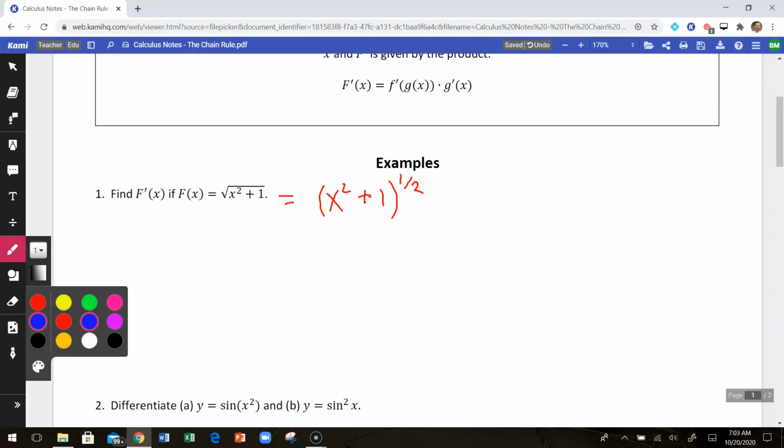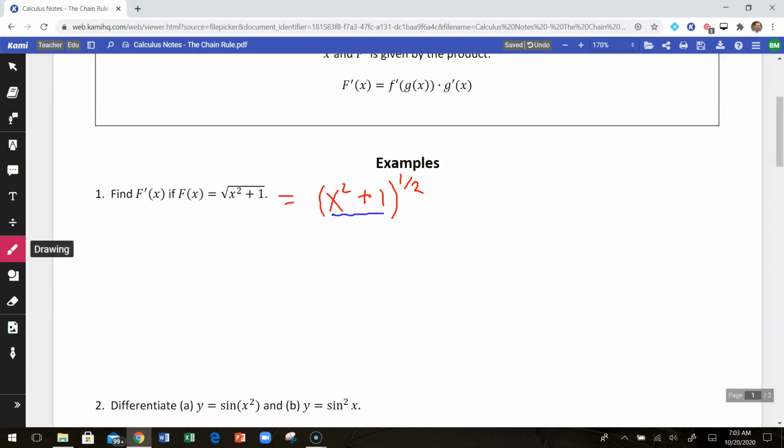And now what I see here is I actually have a function, x squared plus 1, inside of another function, which is x to the 1/2, or the square root of x. So to find my derivative of this, I'm going to do my outside derivative first. Well, my outside function is my 1/2 power, or my square root. So I'm going to do that rule.